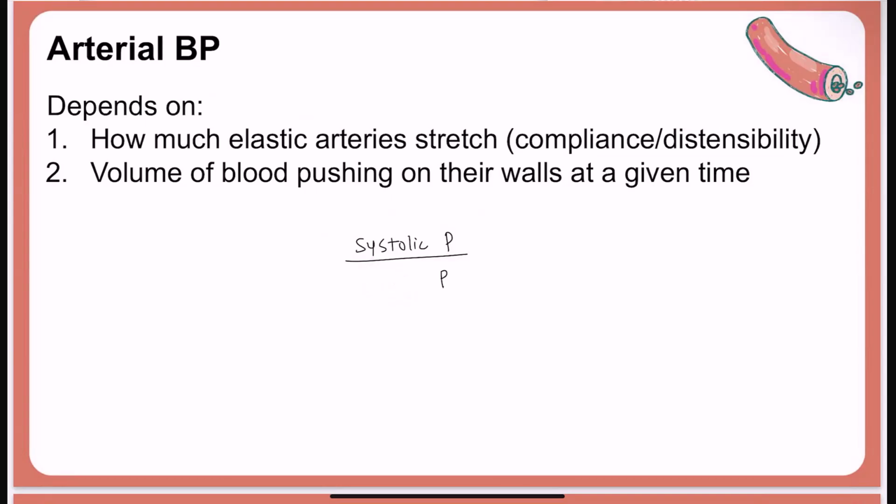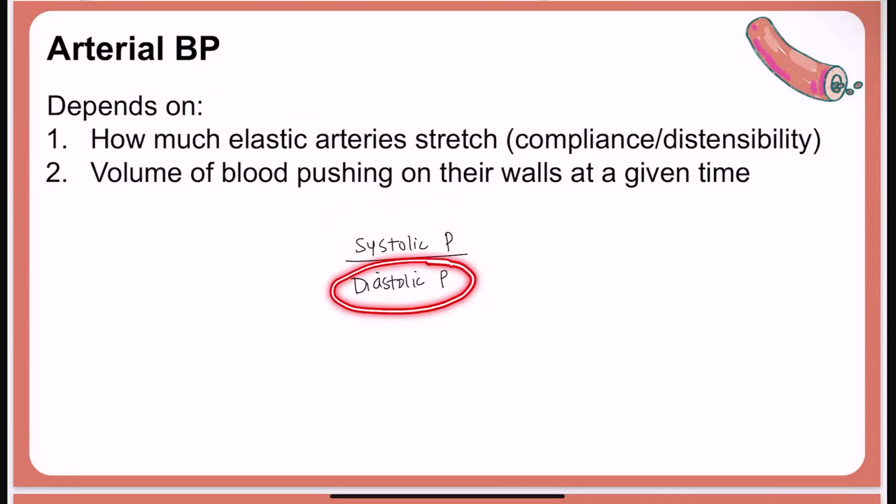Let me fix it. Anyways, systolic pressure refers to the pressure that blood is flowing at and pushing on those vessel walls when the ventricles contract, because ventricular systole pushes blood out and puts more pressure on those arteries.